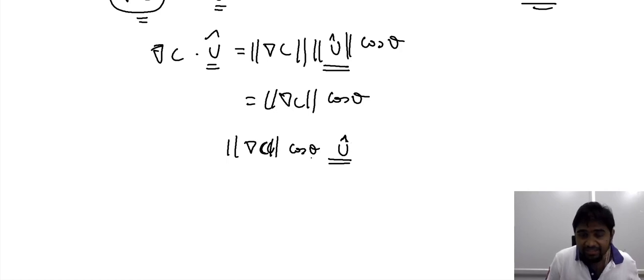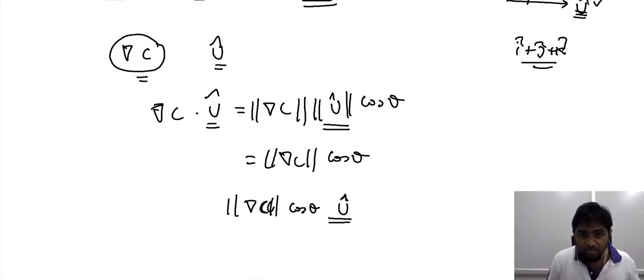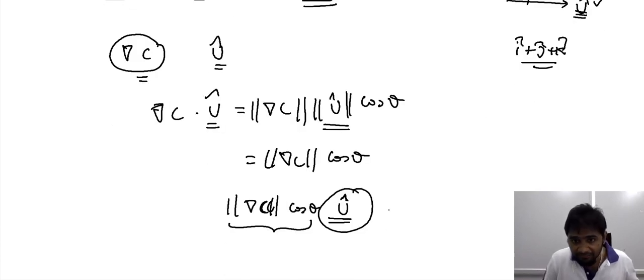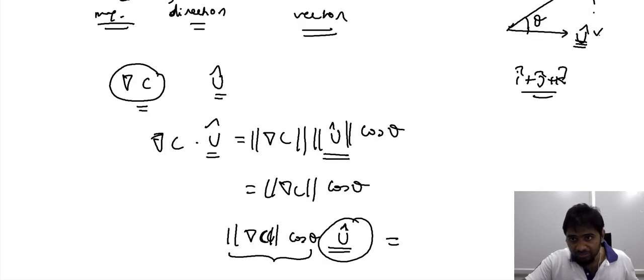I'm just augmenting it here. So this again is a scalar value, and this is the unit vector with just a direction, pointing in this direction. So this would be a vector, and this vector will be pointing along the u direction.